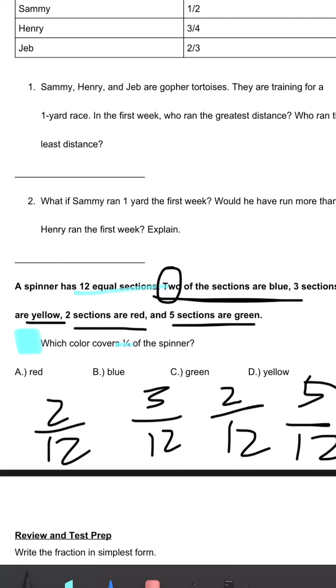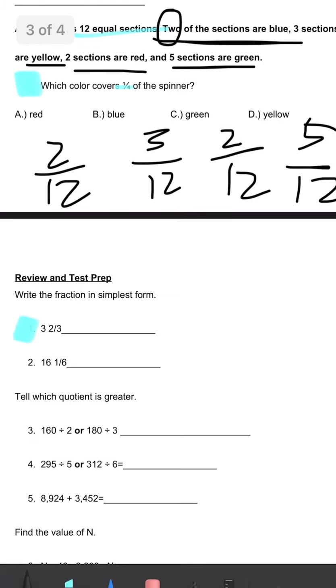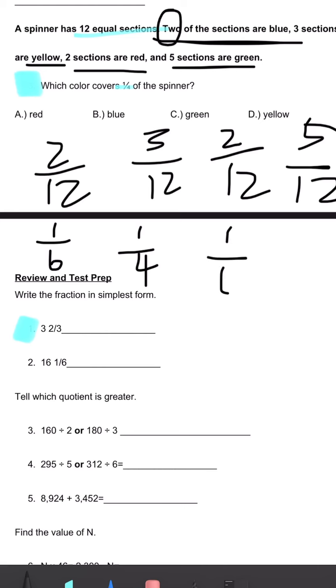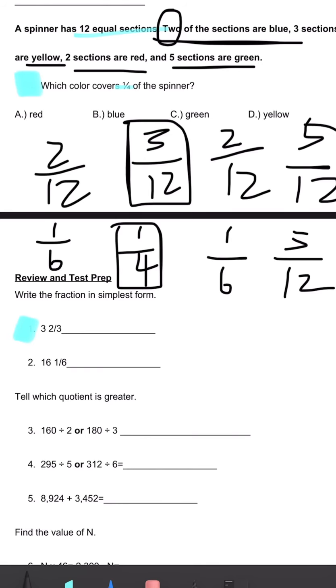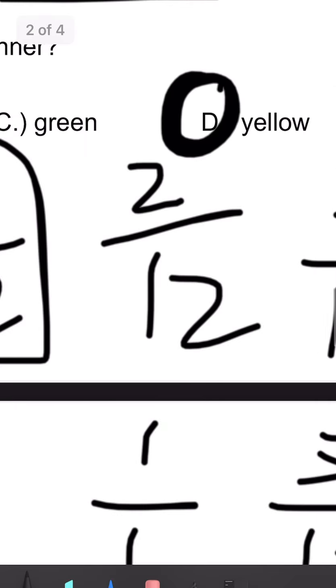Simplifying these, 2 over 12 turns into 1/6. 3 over 12 equals 1/4. 2 over 12 again is 1/6. And 5 over 12 cannot be simplified. So we automatically know that 1/4 is right here, and that is going to be yellow. So the answer choice is D.